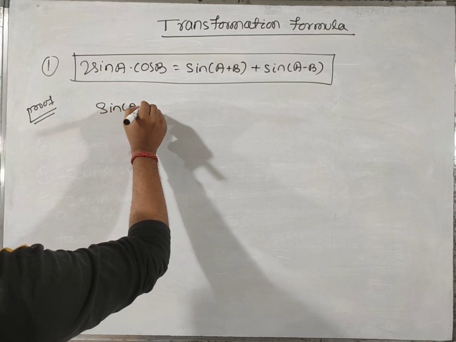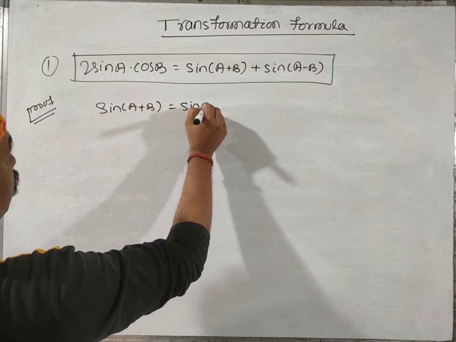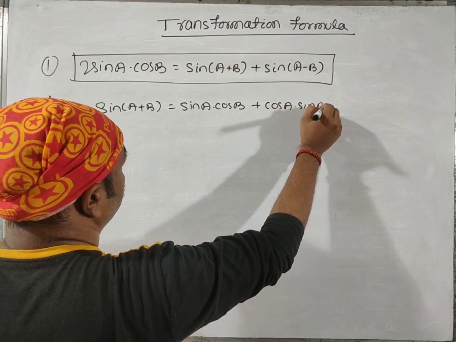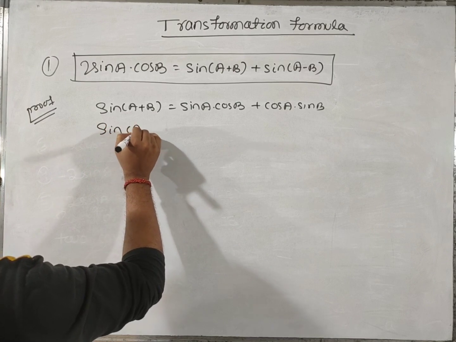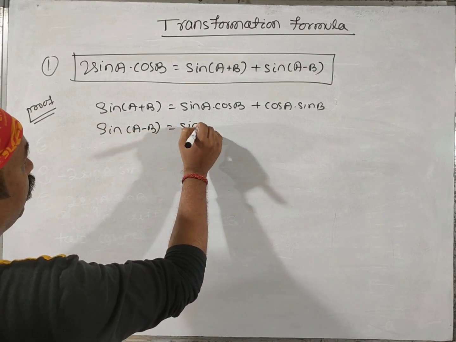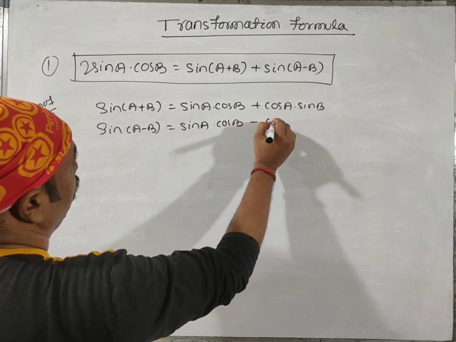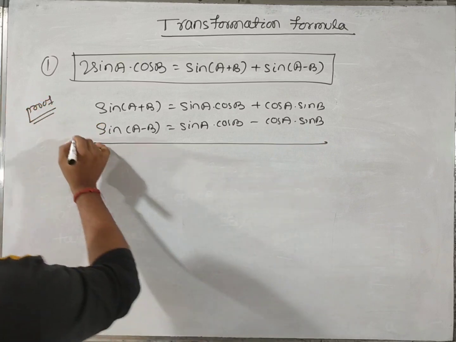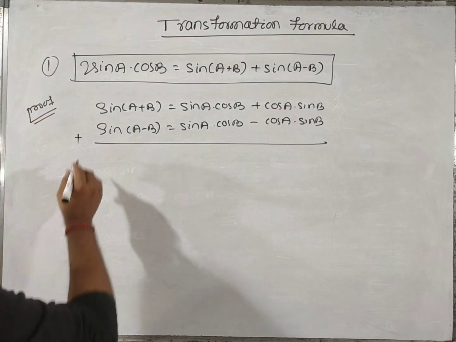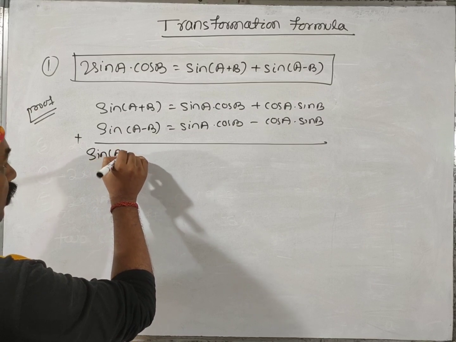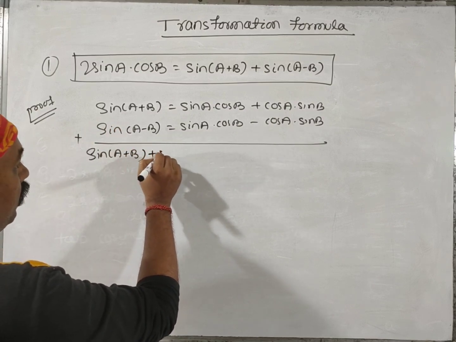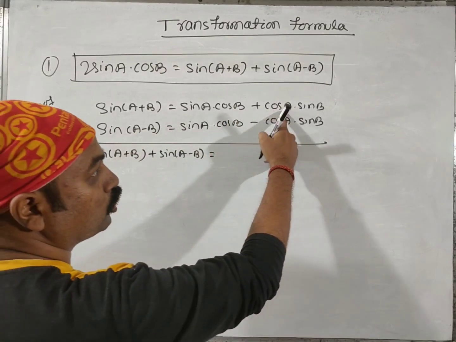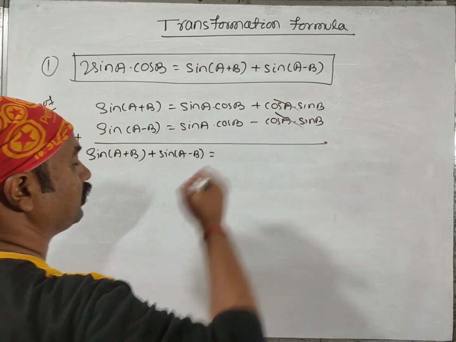We know that the formula for sin(A+B) is sin A cos B + cos A sin B. Then sin(A-B) is sin A cos B - cos A sin B. Adding both of these, we have sin(A+B) + sin(A-B). On the right hand side, the +cos A sin B and -cos A sin B cancel with each other.